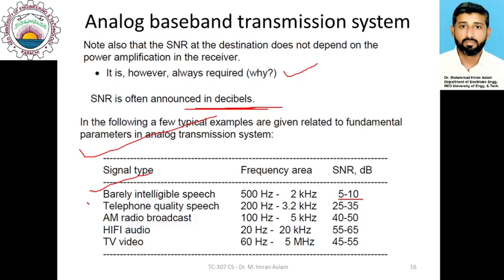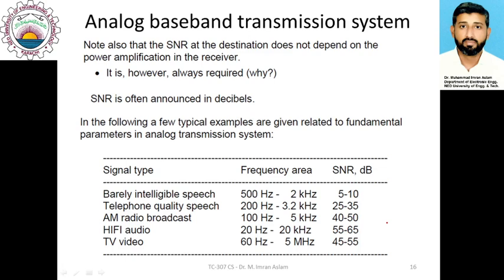Telephone quality speech is generally designed to have an SNR of 25 to 35 dB. AM broadcast requires around 40 to 50 dB of SNR at the receiver side. Hi-fi audio generally requires 55 to 65 dB of SNR. TV video requires around 45 to 55 decibels of SNR at the receiver side.